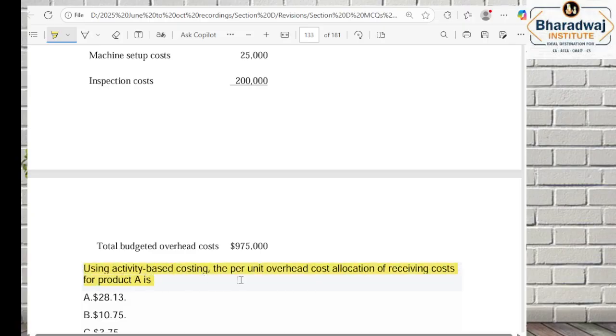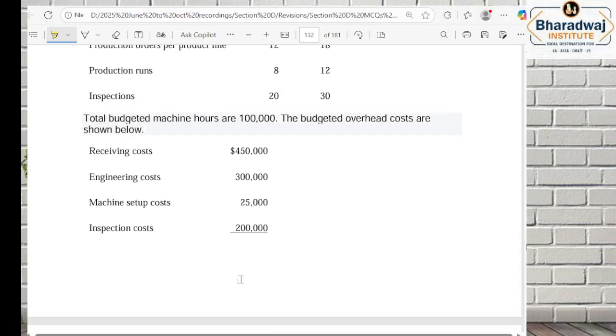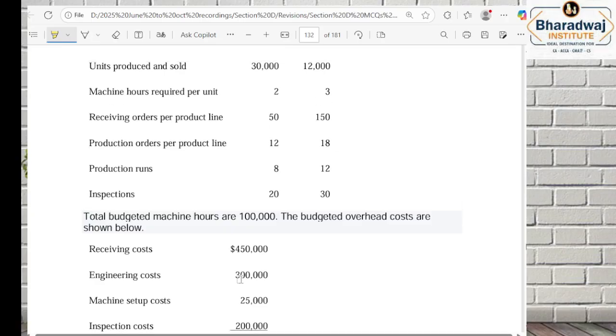Receiving cost for product A. Receiving cost 4,50,000 divided by how many orders? 200.